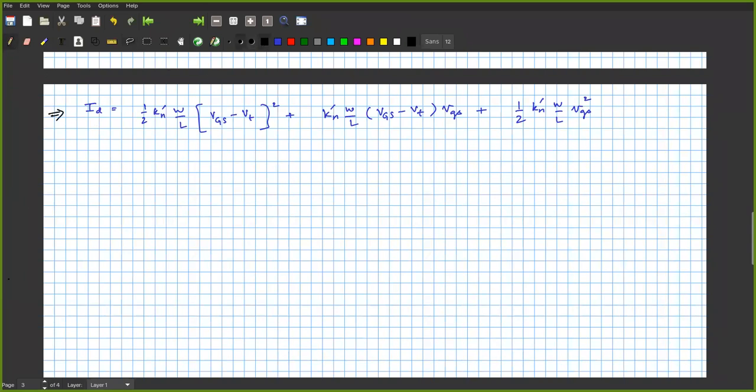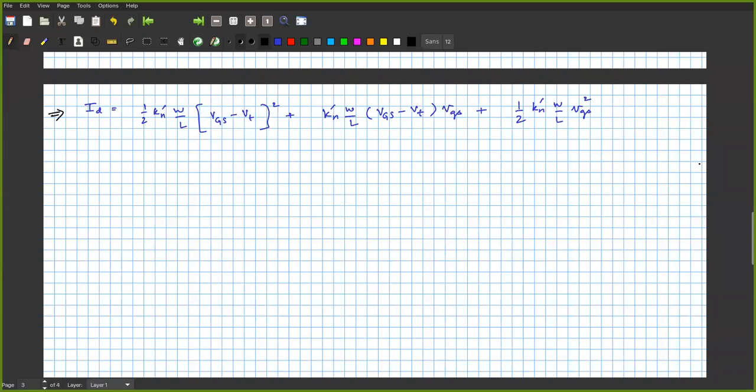So this is the instantaneous current equation which I got previously. Now what I have to get is a parameter called transconductance, MOSFET transconductance. If you look at a MOSFET, there's no input current obviously because the gate is completely isolated.